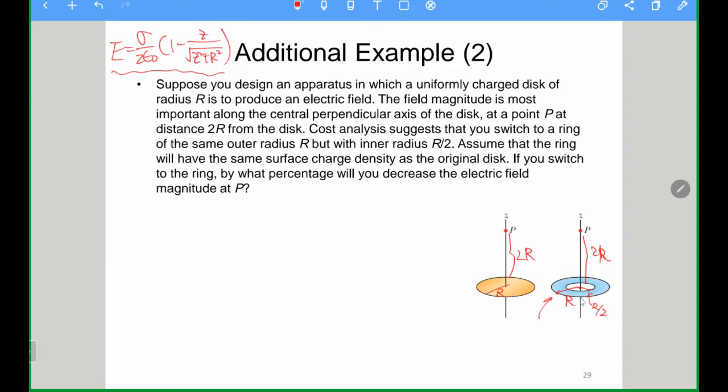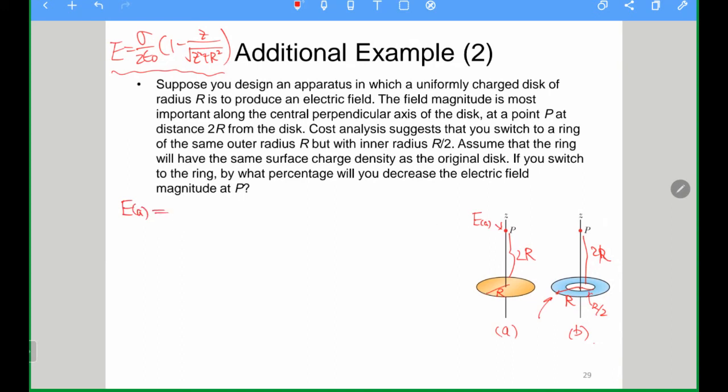First of all, we may call this A, this B. The E field here we consider is E sub A, and this is E sub B. Maybe first we try to calculate E_A, which means the E field generated by the whole disk.